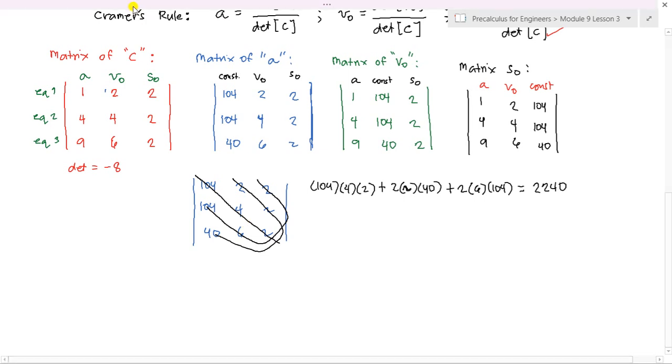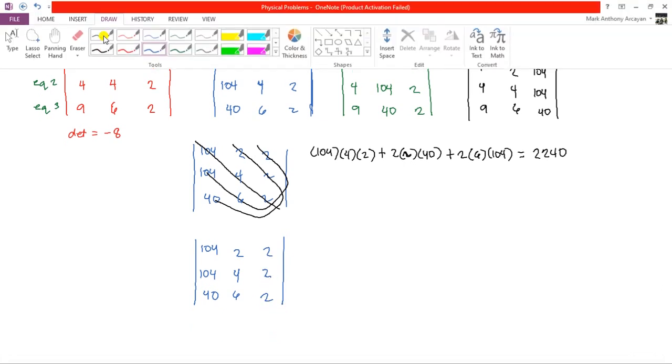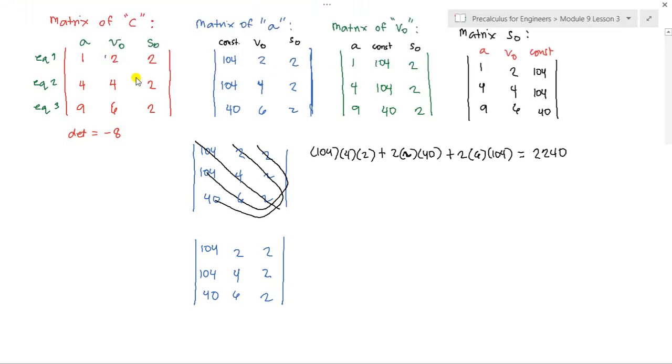Then next, we proceed to top right to bottom left. So we have here 104, 104, then 40, then 2, 4, 6, then 2, 2, and 2. So let's start with the middle, top right to bottom left.